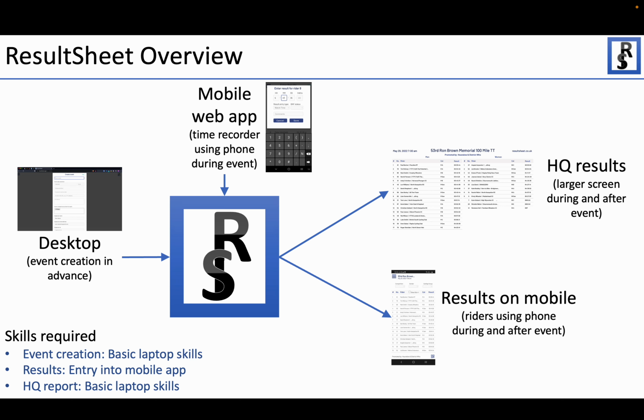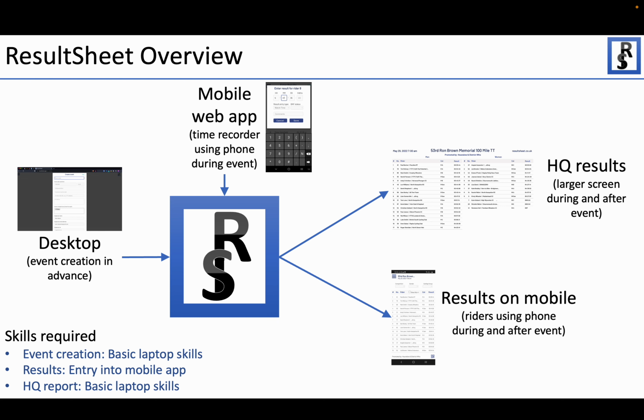So the way the mobile view tends to get used is riders would check their phone once they finish their ride, but quite often if they go into HQ and you've got the HQ results running on a screen or a projector, the results offer additional functionality to allow you to filter down onto various combinations of things, like who won my age group, who rode the road bike, who won the TT, that type of thing, while the main report is just showing the live results as they stream in.